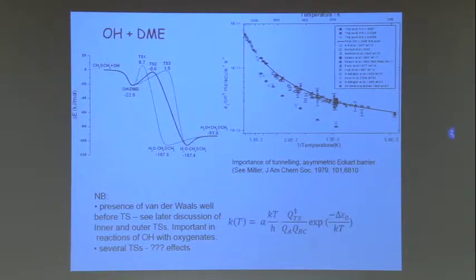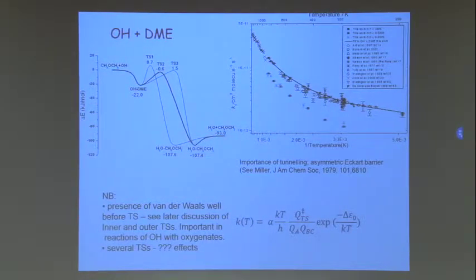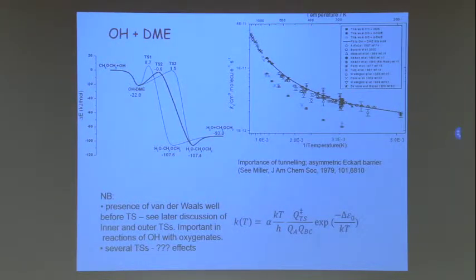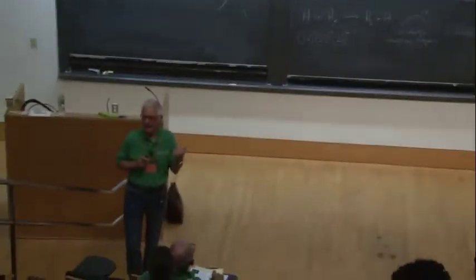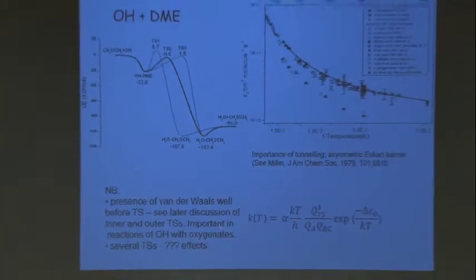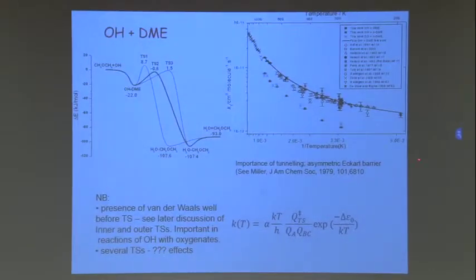Now, I think one of the important things, and this cropped up in a discussion after the lectures yesterday, is to try to understand where temperature dependencies are coming from. There's a transition state theory expression.